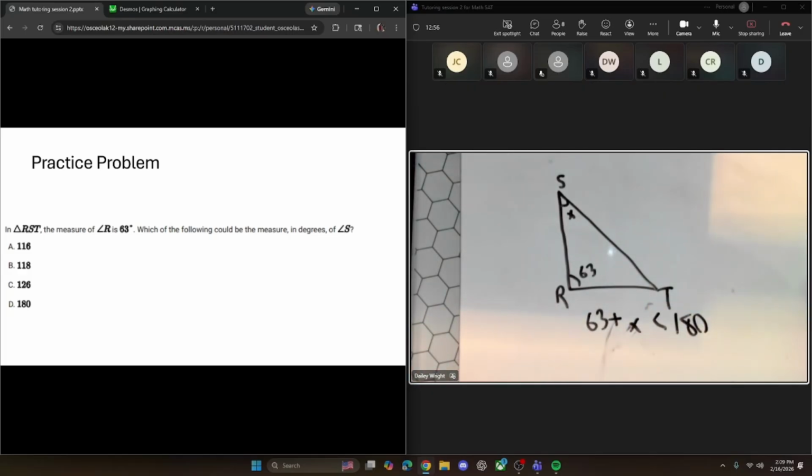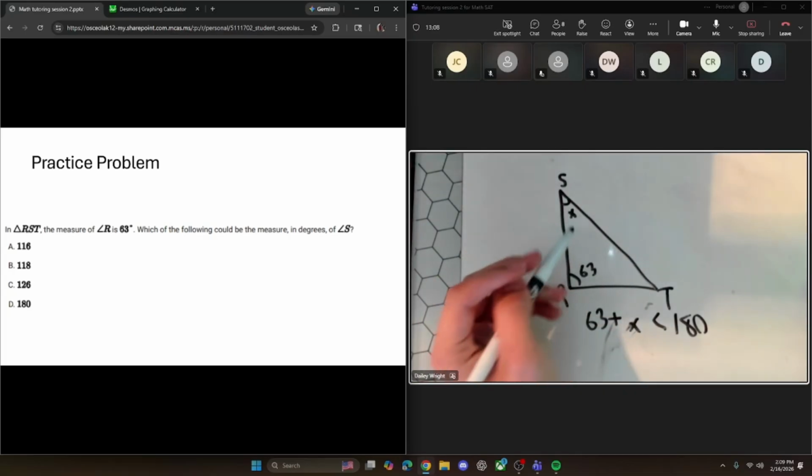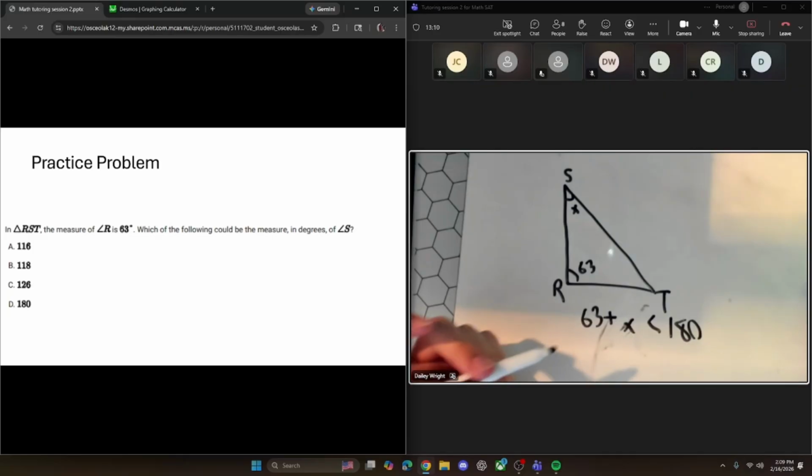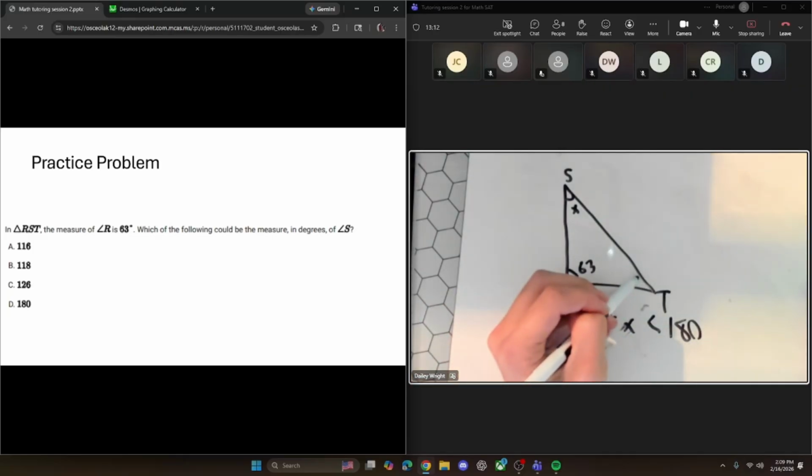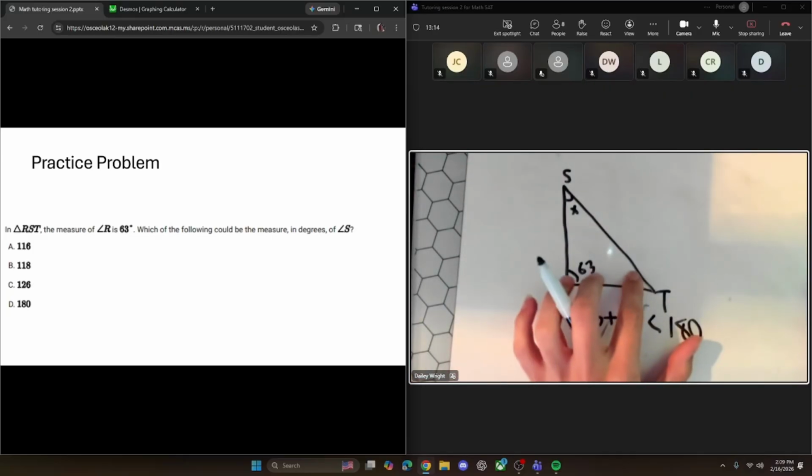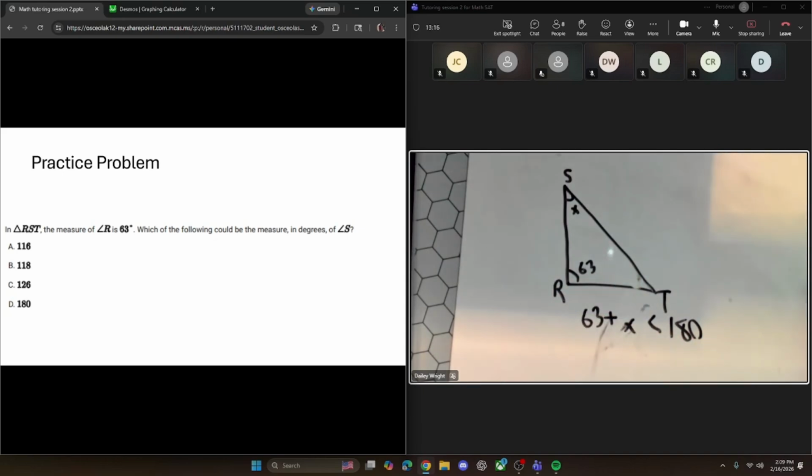Because if those aren't less than 180, then where's the angle measure for T? If, let's say you had 63 and 120, that's 183 degrees. That would never work, and T would have to be like -3 degrees, which isn't possible. The angles always have to add up to 180.